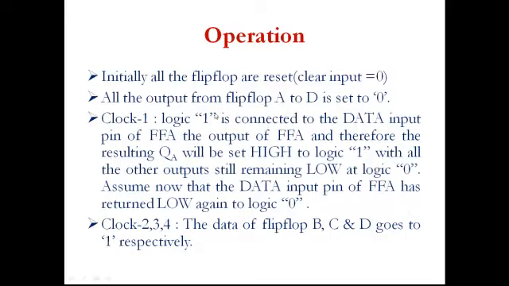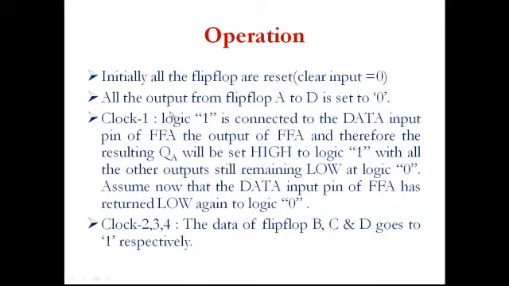Initially you set all the flip-flops to be reset, that is you clear them, all the input is equal to 0. Then all the outputs from flip-flop A to D are set as 0. So once you are clearing, in clock pulse 0, all the flip-flop outputs A, B, C and D are 0.